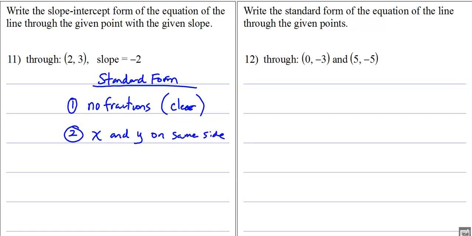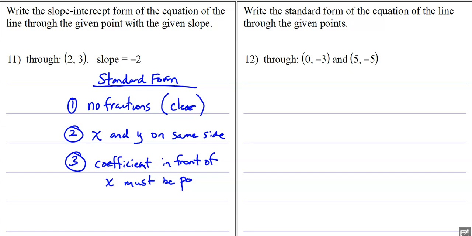So we need to do some manipulating and moving them around. And number 3, not everybody abides by this rule, but I'm kind of old school. So I believe that the coefficient in front of x must be positive. So that may involve multiplying by a negative 1 here towards the end.